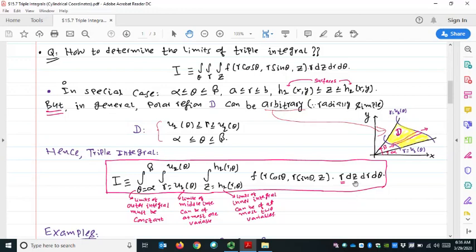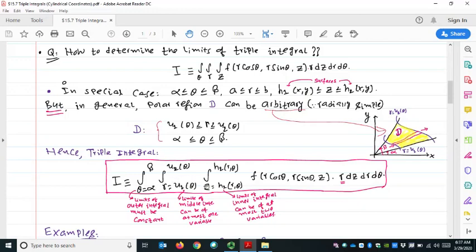That means the z integral is the inner integral, the r integral is the middle integral, and the theta integral is the outer integral. So the z limits go from h1(x,y) to h2(x,y), but now here is our outer integral.